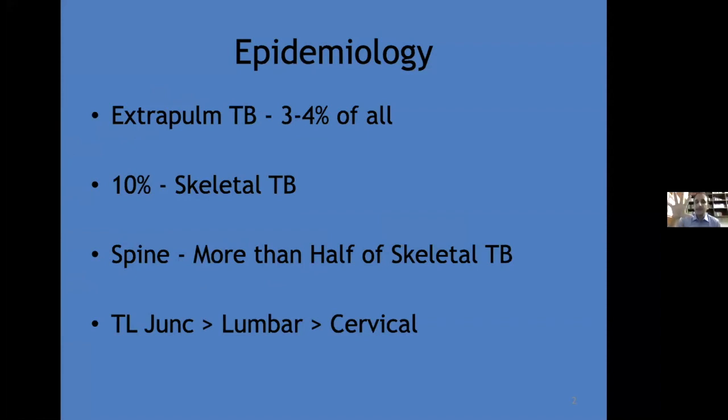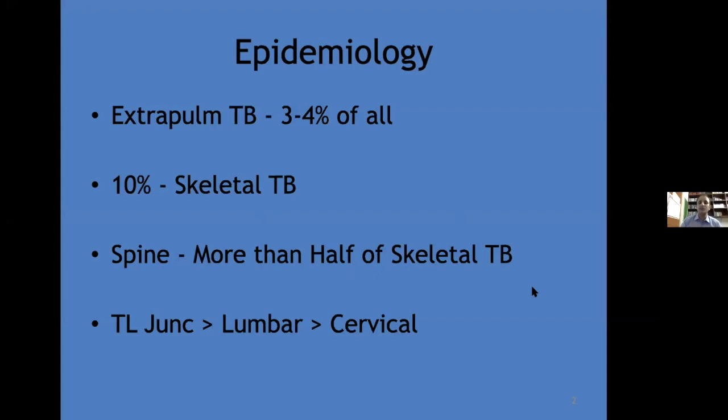However, even this number is huge because 10% of the extrapulmonary tuberculosis would be skeletal tuberculosis, and more than half of which would be involving the spine. So spine is the most common organ that is the site for extrapulmonary tuberculosis.